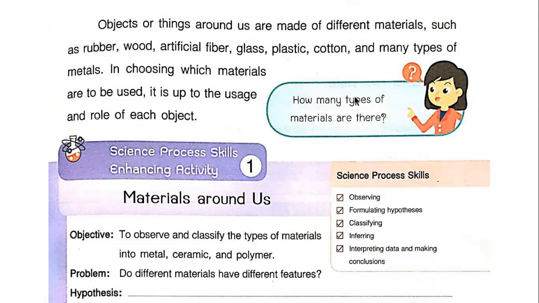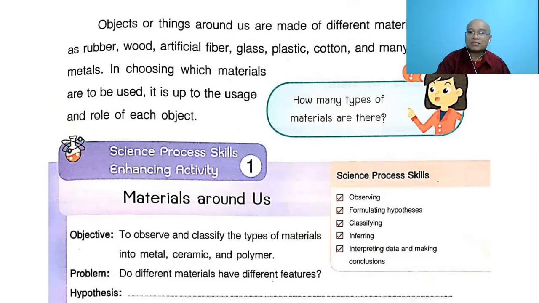So the question is, how many types of materials are there? How many types? 1, 2, 3, 4, 5, 6, 7, even more. We don't know. But I want you to do this project, all right?